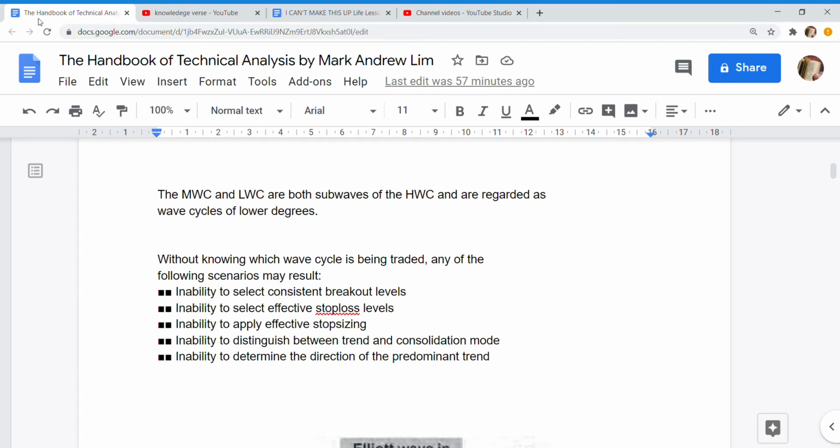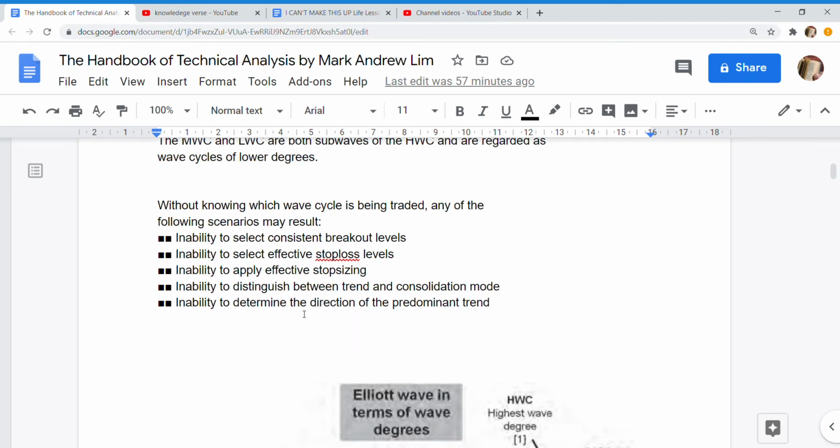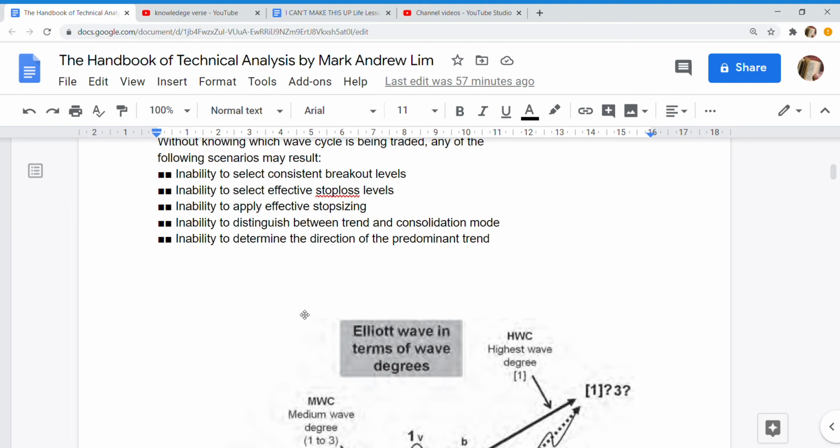Without knowing which wave cycle is being traded, any of the following scenarios may result: inability to select consistent breakout levels, inability to select effective stop-loss levels, inability to apply effective stop sizing, inability to distinguish between trend and consolidation mode, inability to determine the direction of the predominant trend.